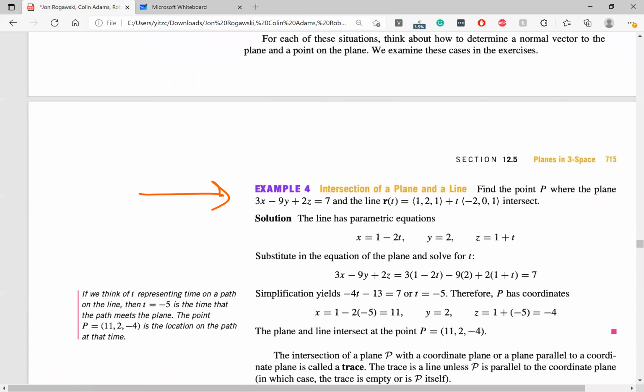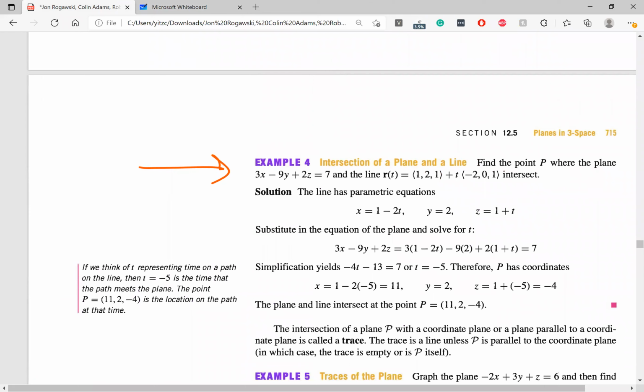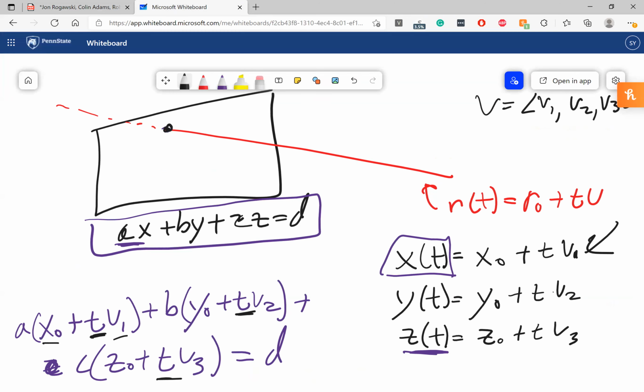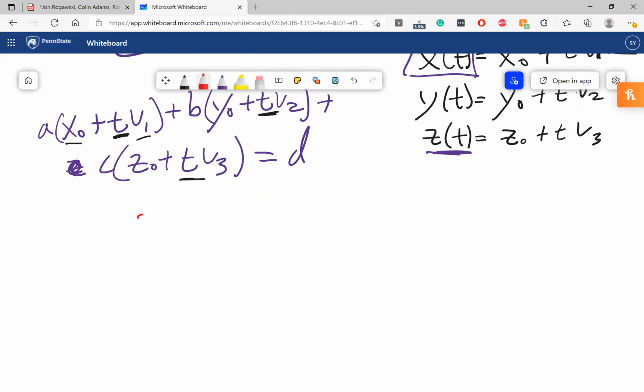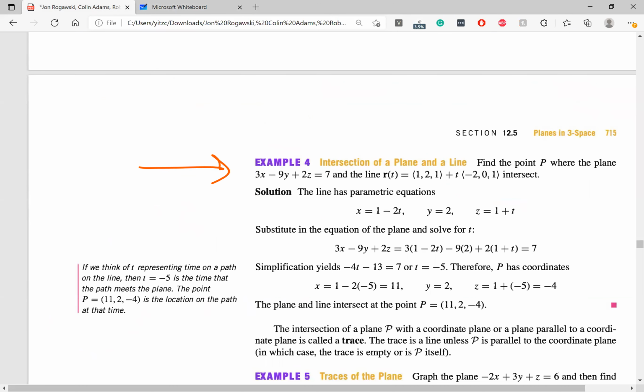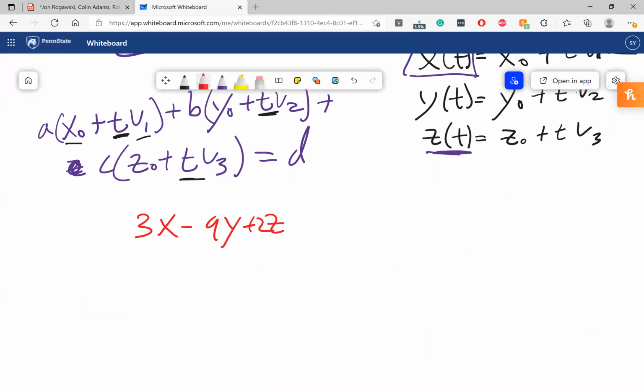So let's do a problem. They say find the point P where the plane 3x minus 9y plus 2z is equal to 7.